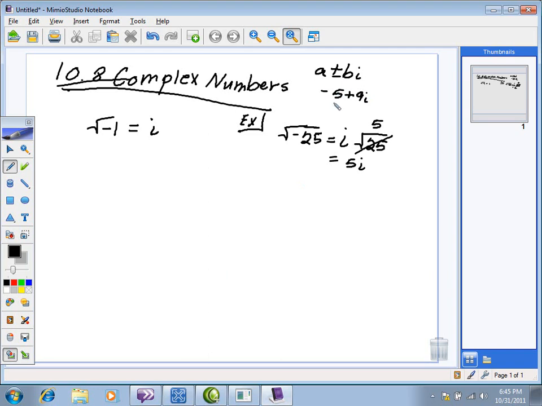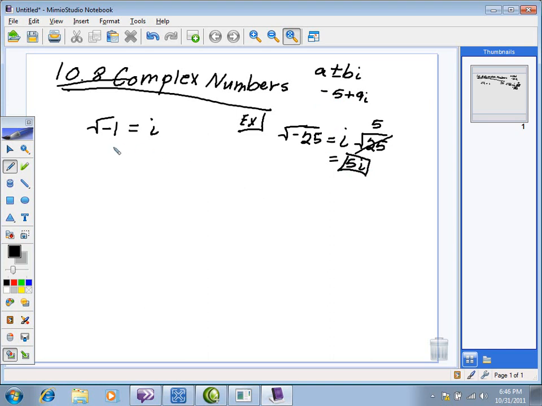Negative 5 is the real number, right? And 9i is the imaginary part. And it's complex because it's a combination, right? Just like with anything, you can have something like 5i, where it's only the imaginary part, or you can have normal numbers where there's not the imaginary part, or some combination like up here where you have both, okay? Generally, we write the i second and the real number first.